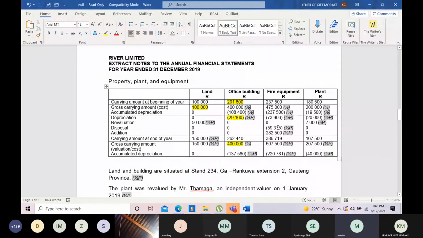But to determine the cost price, you only combine the cost of an asset.